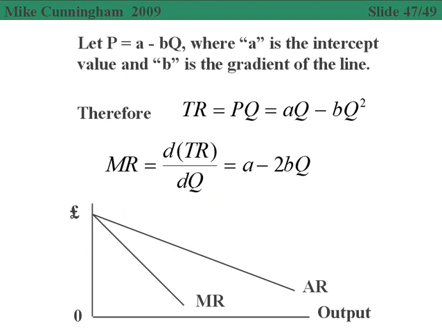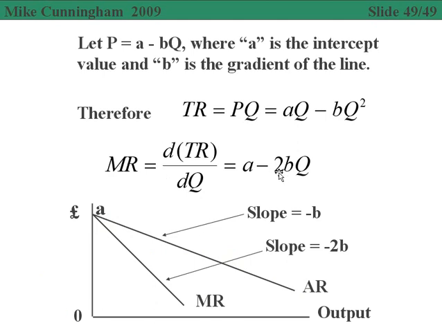What have we got then? Well, we've got our average revenue curve, which is downward sloping. It's a straight line, so that's okay. This up here would be the intercept term, that is A, and the gradient is minus B. So the slope here is minus B, and that's the intercept term A. Then we've got the slope of the second one, the marginal revenue curve, here.